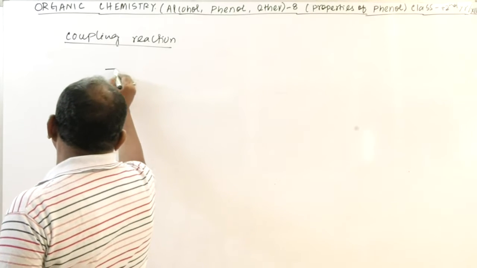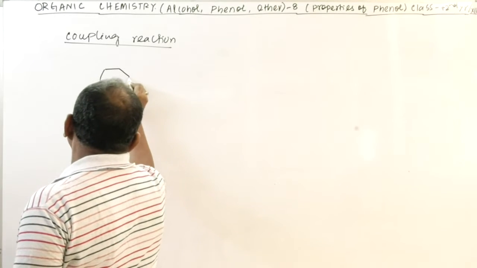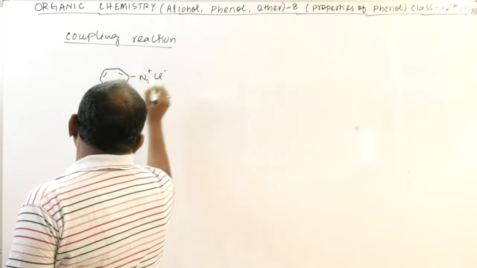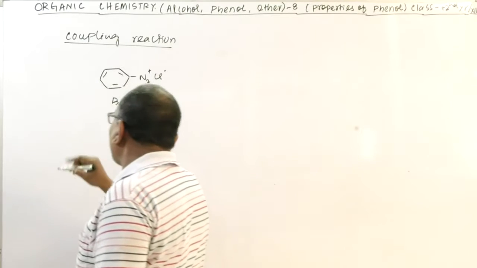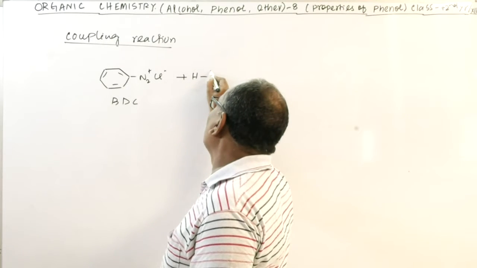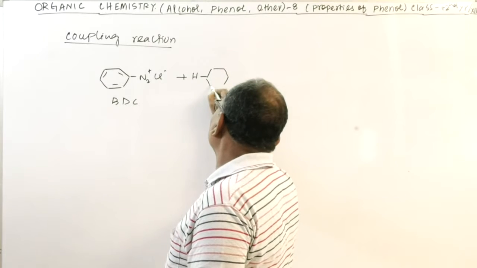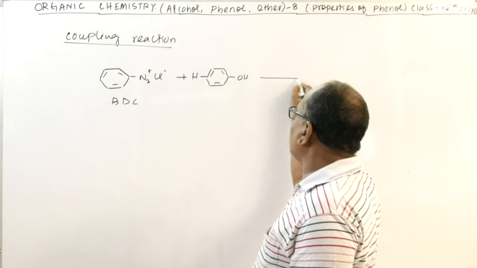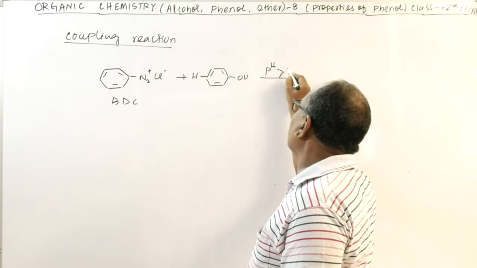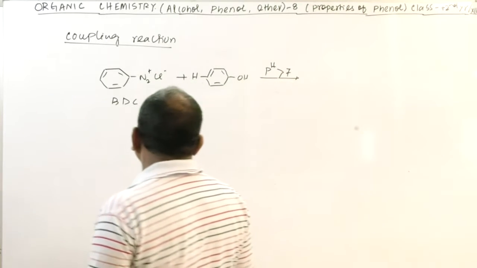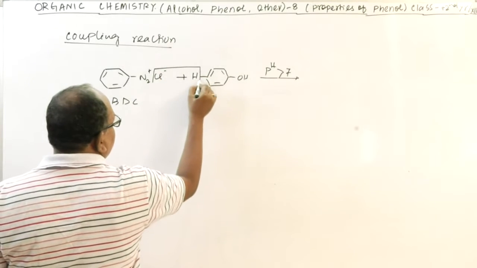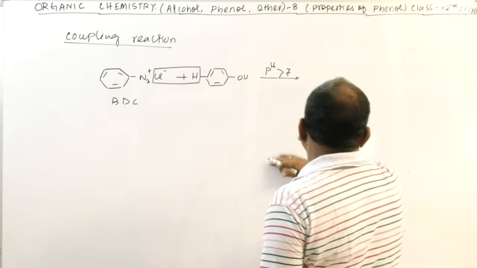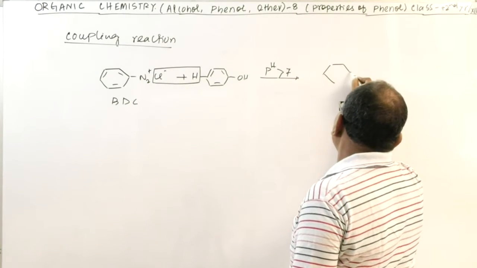So this is your benzene diazonium chloride, and it reacts with phenol. This is your phenol at pH more than 7. What will happen? This Cl and this H will combine to form HCl. It produces a colored compound that is called an azo dye.